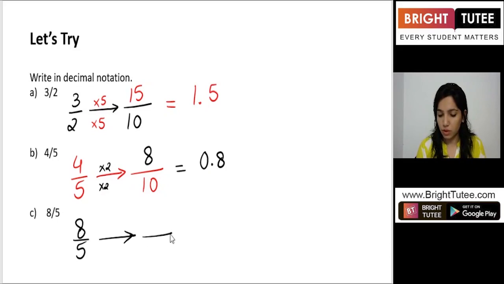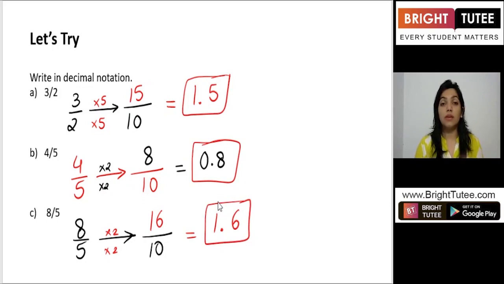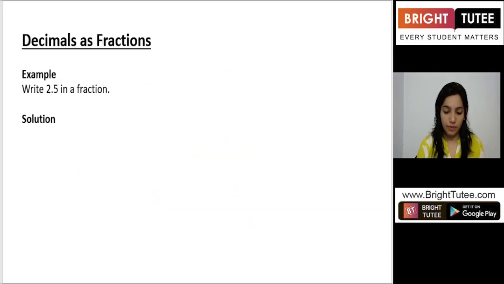What can I do to convert it to 10 in the denominator? We multiply it by 2. So 8 times 2 is 16. And the decimal number is 1.6. I hope it is clear how we have converted these given fractions that did not have 10 as the denominator into decimal numbers.